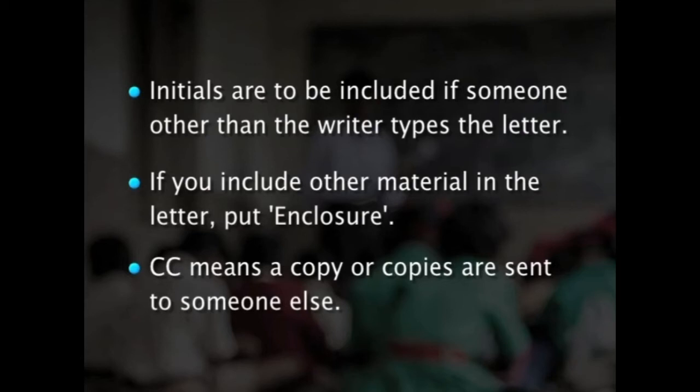CC means a copy or copies that are sent to someone else. So, is it clear? Now, you have learnt the different parts of a formal letter. So, here in the next module, we will go through the example letters that are based on their function.